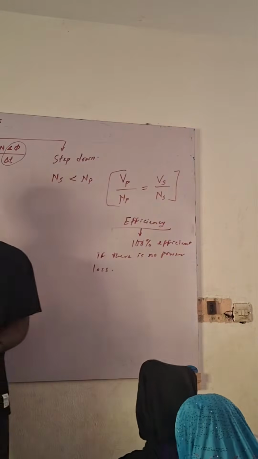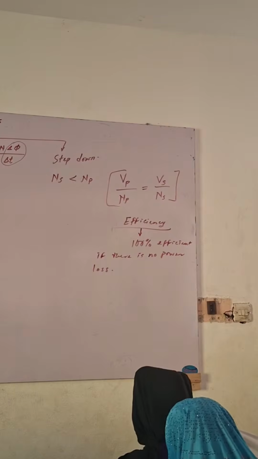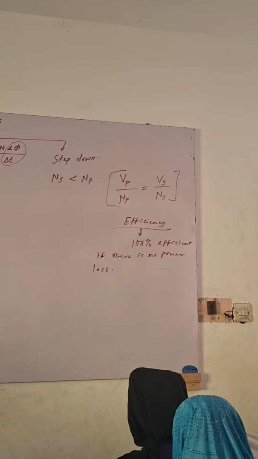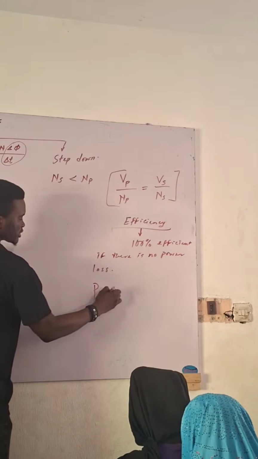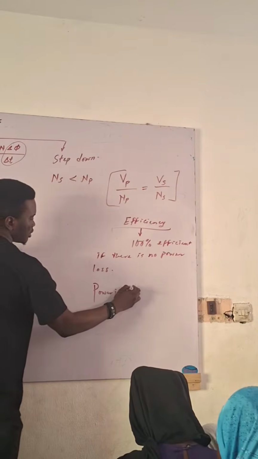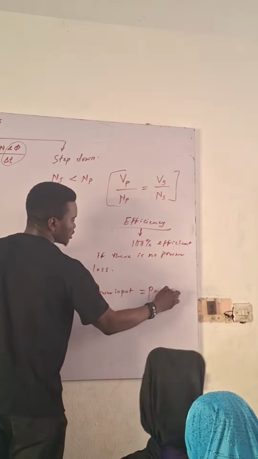A transformer is said to be what? 100% efficient if there is no power loss. Meaning that power input is going to be equal to what? Power output.